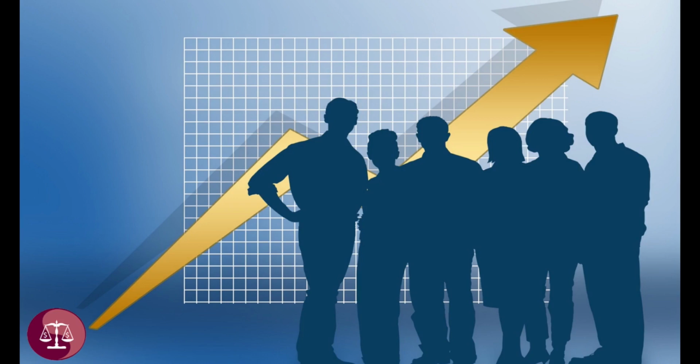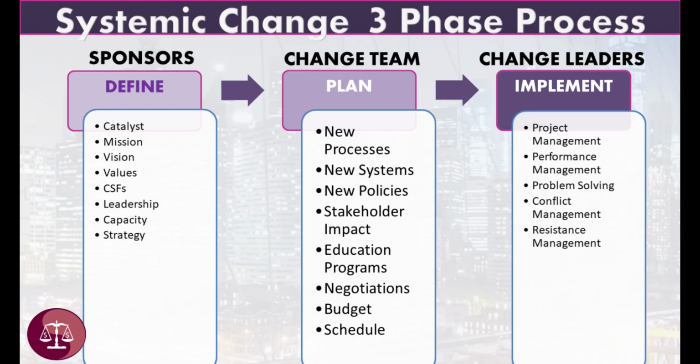The second phase is the planning phase, and is usually led by the change agent and change leadership team. In this phase, change needs and priorities are identified and classified, and detailed project plans are developed. Key individuals within the organization are identified and consulted on implementation plans and potential challenges. The third phase is the implementation phase.